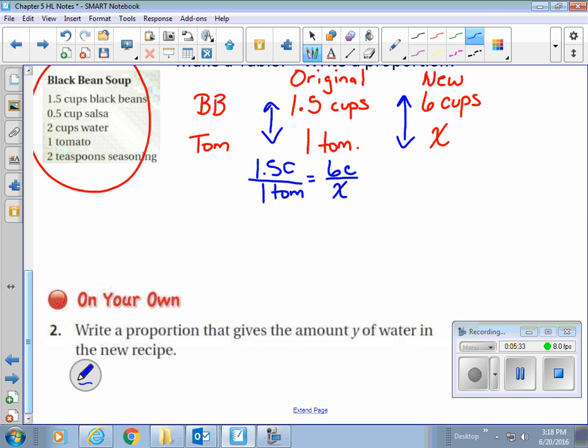So I would have 1 5/10 x equals 6 times 1, which is 6. If we did our cross multiplying, I'm now going to solve by dividing both sides by 1 5/10.